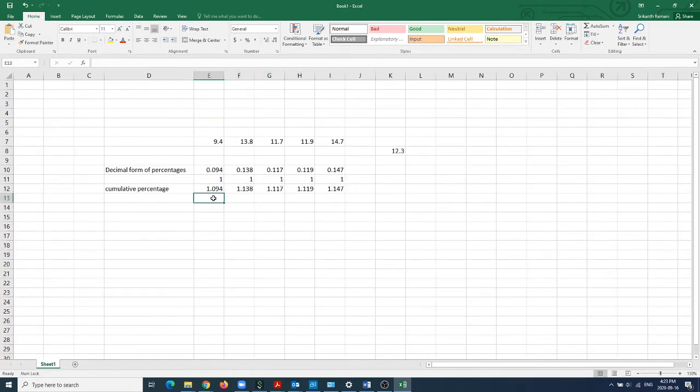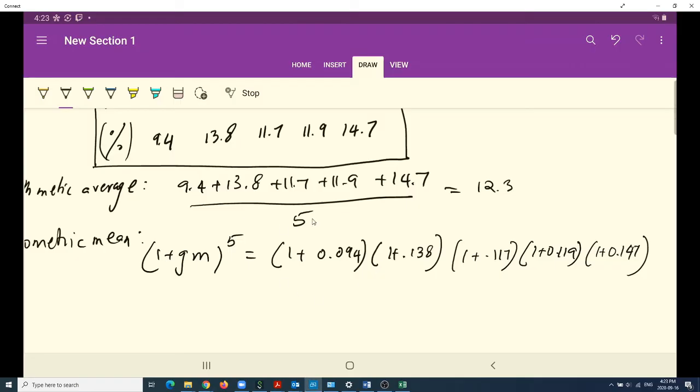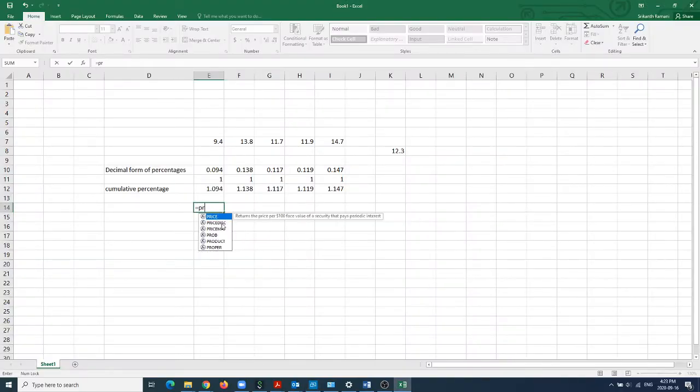Then you do multiplication, which is a product. You're multiplying all of them, and this could be done as a product of all these, and that gives you 1.78.